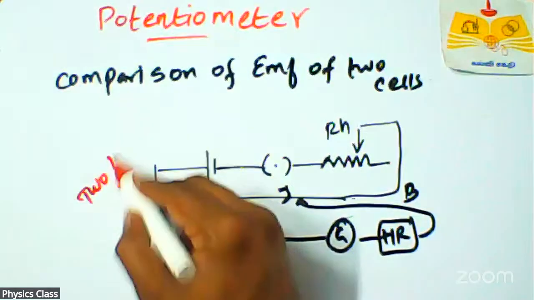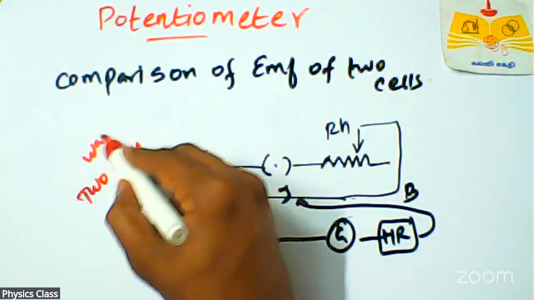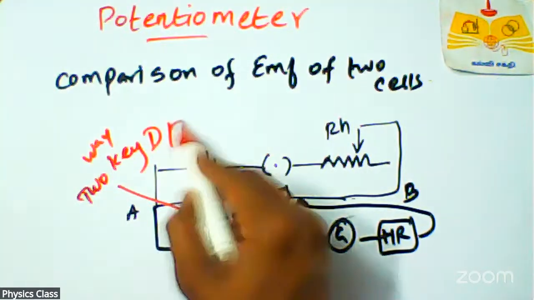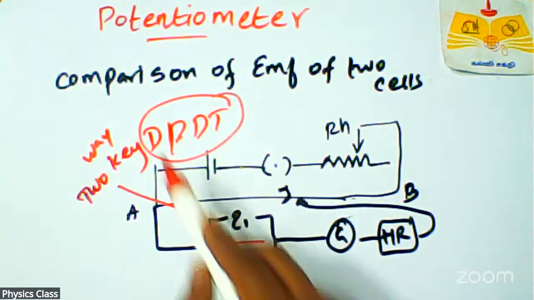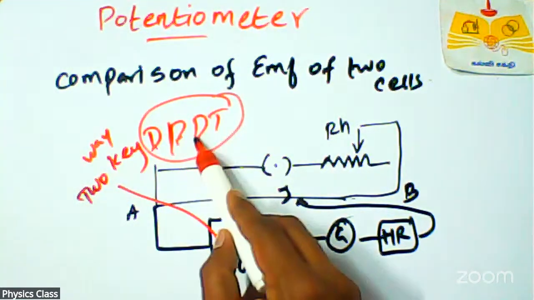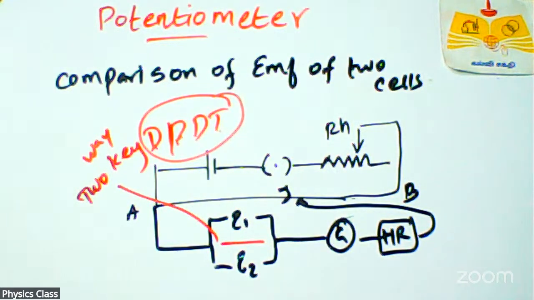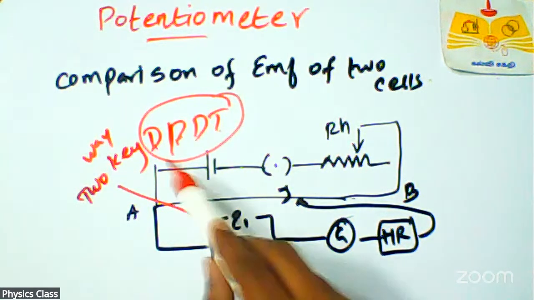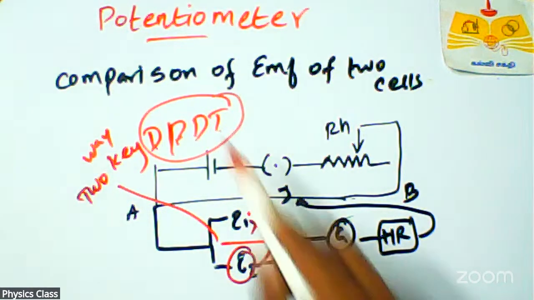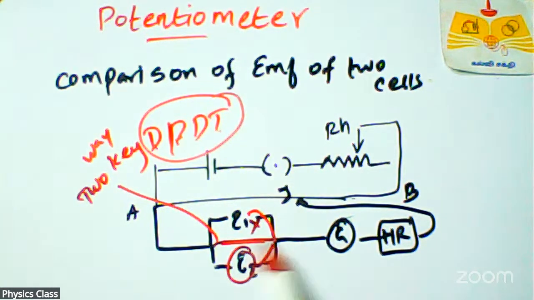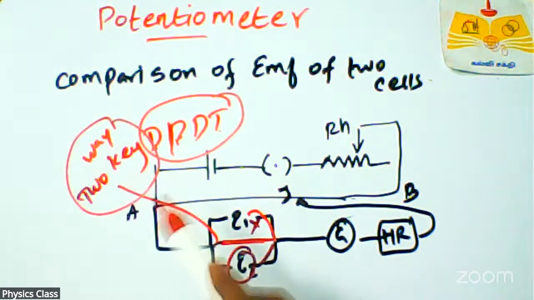That device is called a two-way key, that is a DPDT switch, double pole double throw. In your physics lab you can see that DPDT switch. By using it you can connect one cell to the circuit while the other is off, and vice versa.